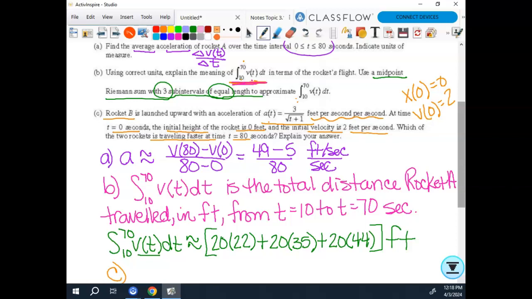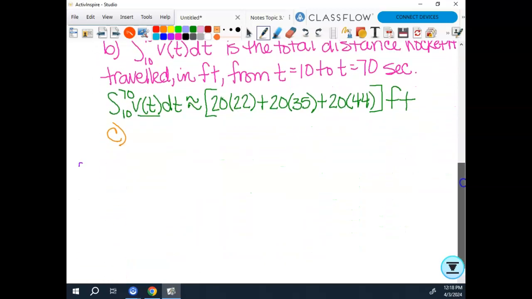I need to find which is traveling faster, so I need to look at the velocities, right? Would I have a greater velocity? Okay. So let me rewrite our acceleration since I can't see when I'm down here. Acceleration, a of t, is equal to 3 over the square root of t plus 1. Right?